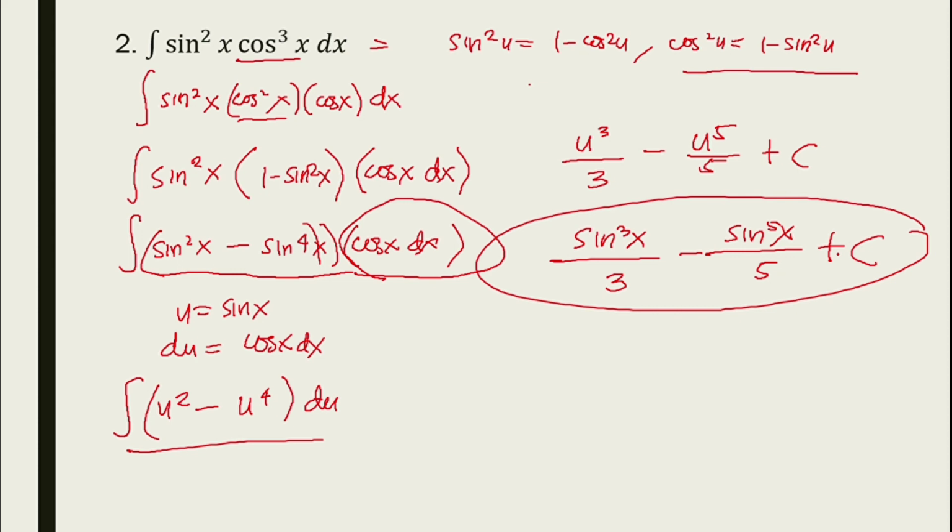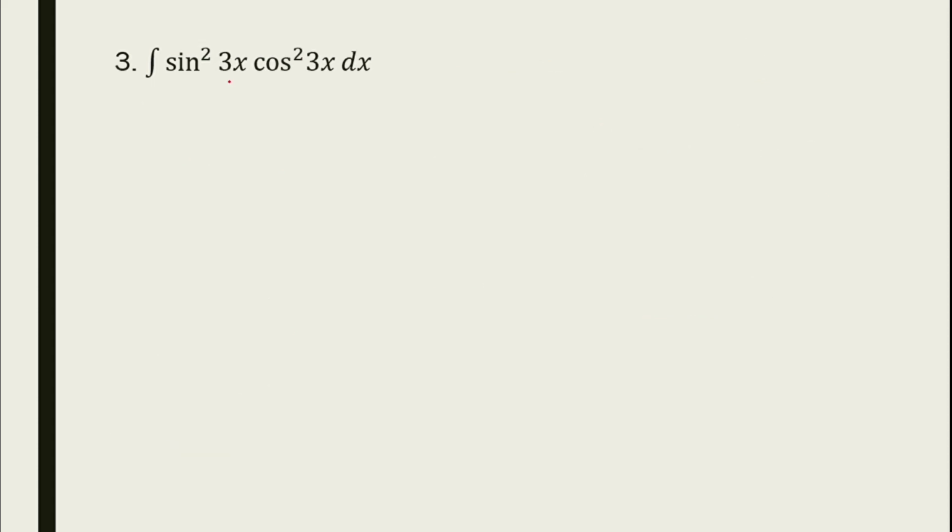So that is the use of these transformations, and this is case number 2 also. Next we have number 3. In number 3, we have the integral of sine squared 3x and cos squared 3x dx.